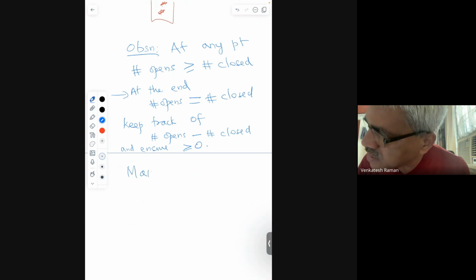So verify this. Maintain a counter that starts with 0.